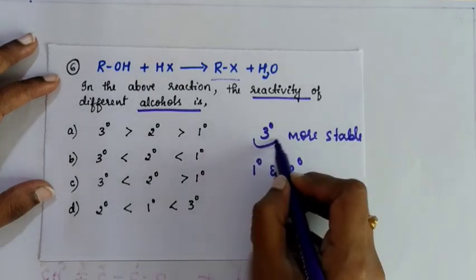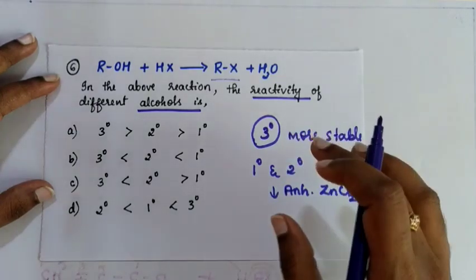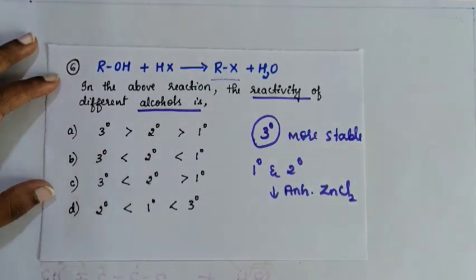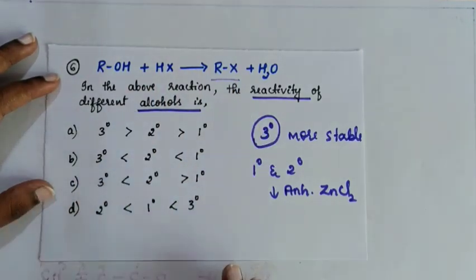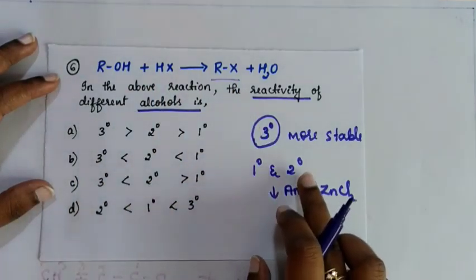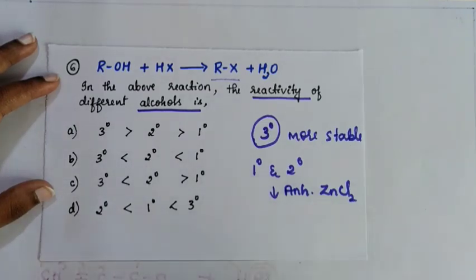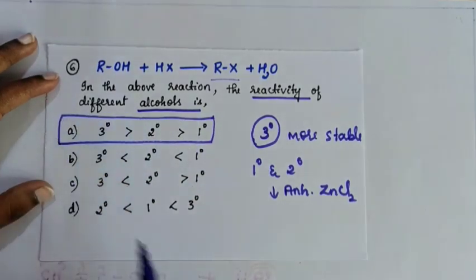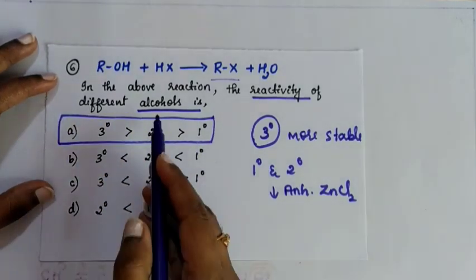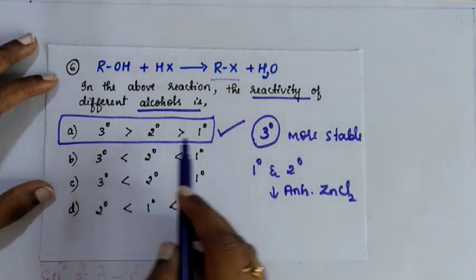But for tertiary, there is no need of anhydrous zinc chloride because tertiary is more stable. Just by shaking the tertiary alcohol with hydrogen halide, you will get the product. But for primary and secondary, you must use anhydrous zinc chloride. So option A, which shows the reactivity order for alcohol, is correct. Tertiary is greater than secondary, which is greater than primary.